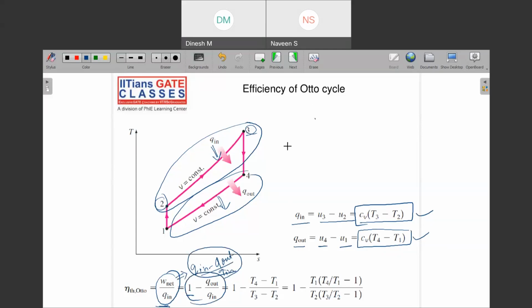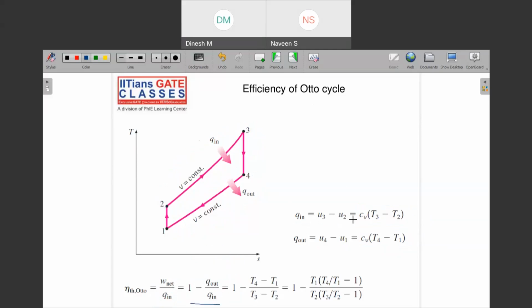So 1 minus Q out upon Q in. You have just now seen that Q out is Cv into T4 minus T1, and Q in is Cv into T3 minus T2. Okay, so now your efficiency has come into the picture: it is nothing but a ratio of temperatures, and what is that?